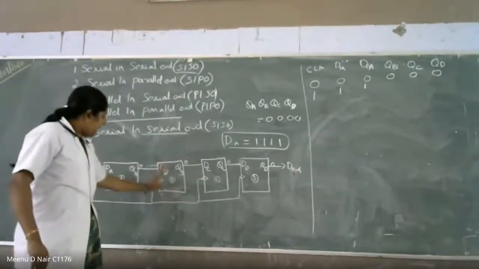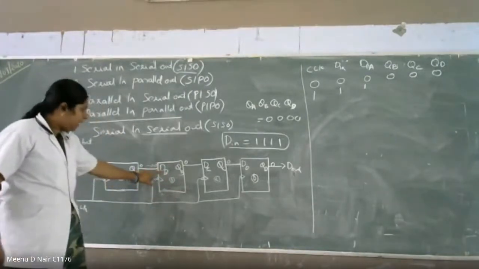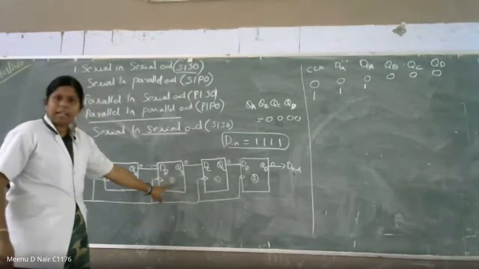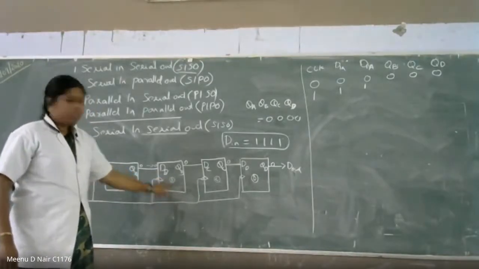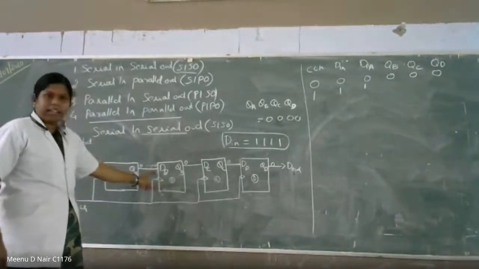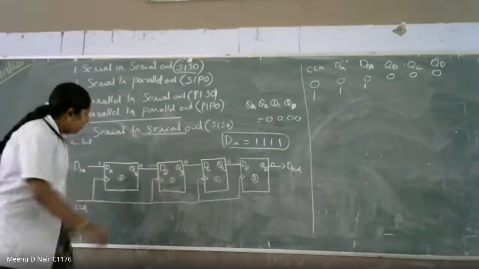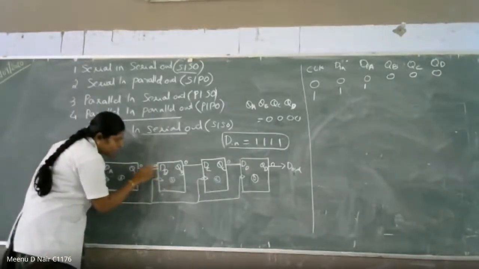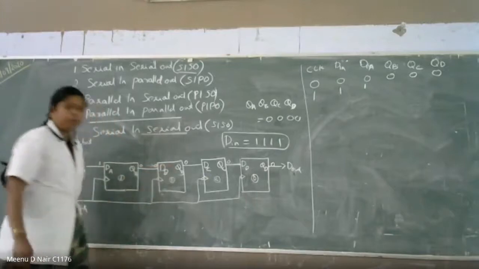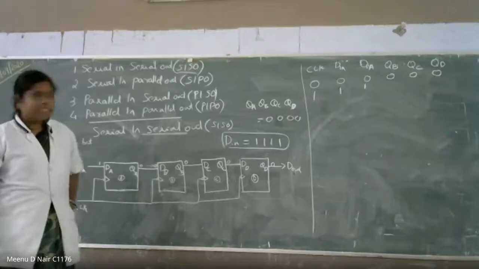So at this moment, what is the output of the B flip-flop? Because DB was 0 only, right? QA was 0, and it is transferred to DB. So this occurred here only, right? It is 0 only. So what about the output of QB? QB is 0.